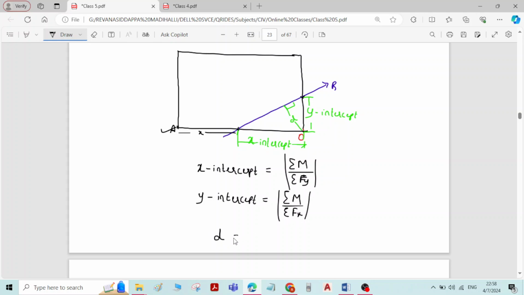And the formula for d, the perpendicular distance of the reference point from the line of action of the resultant force, is the mod of sigma M by R. Mod means whatever the sign, positive or negative, you put the answer with a positive sign only. This is how we predict the position of the resultant force if the forces given in the problem are a coplanar non-concurrent system of forces.